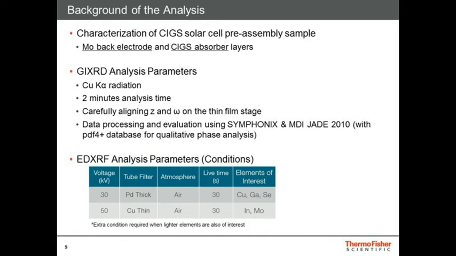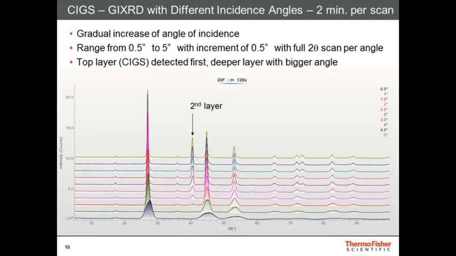So this is the result of our measurement with grazing incidence X-ray diffraction and different incidence angles. The incidence angle between the beam and the sample was varied between 0.5 and 5 degrees omega in 0.5 degree steps. And by doing so, we can separate the layers from each other.